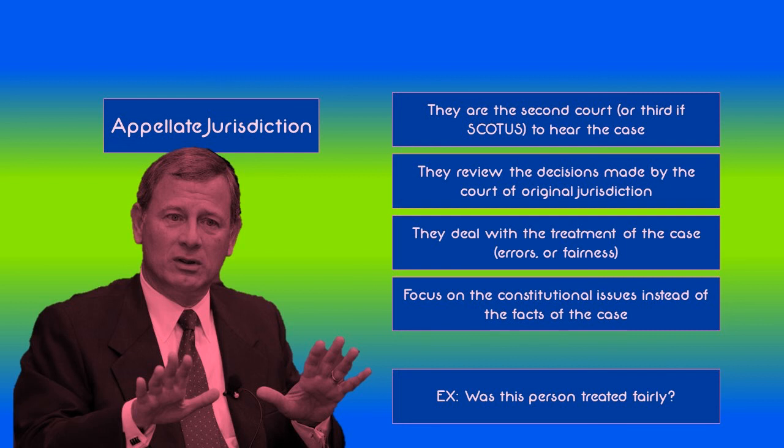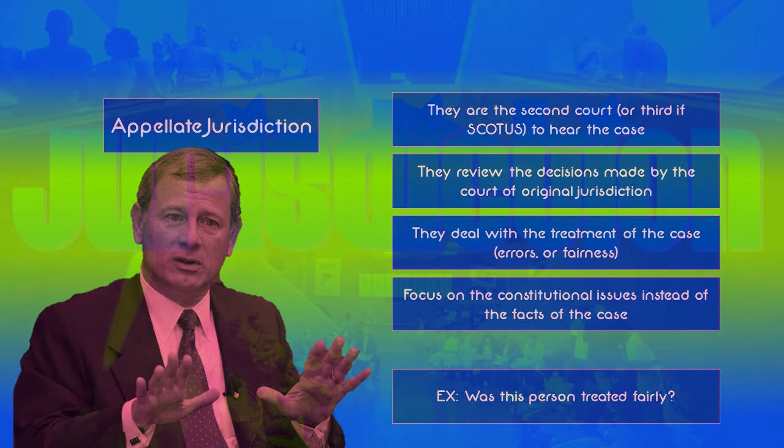So the court ruled that his rights were violated, that he was not treated fairly. And of course, the result of the case is that now all police inform you of your rights upon arrest or questioning or whatever. So appellate jurisdiction means they're going to review the issues that may have occurred in the court of original jurisdiction.